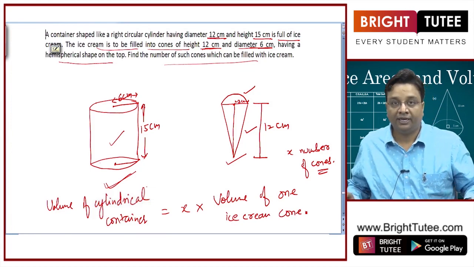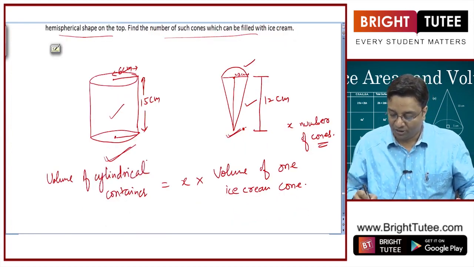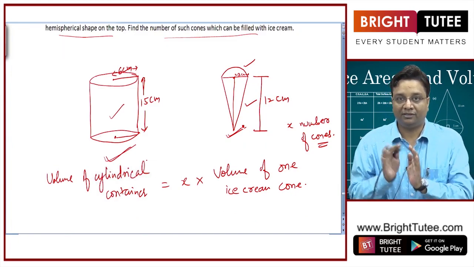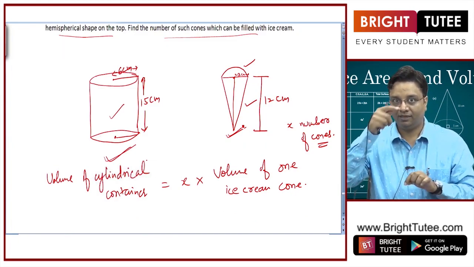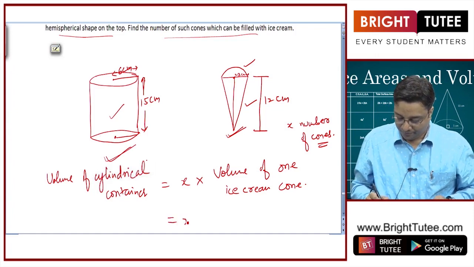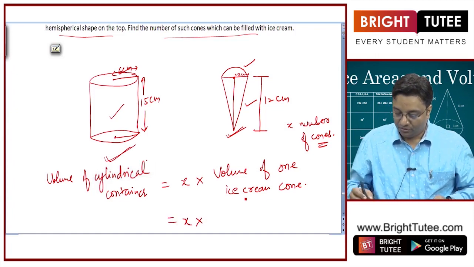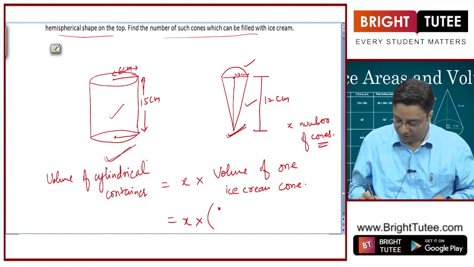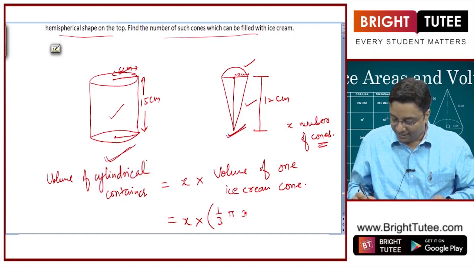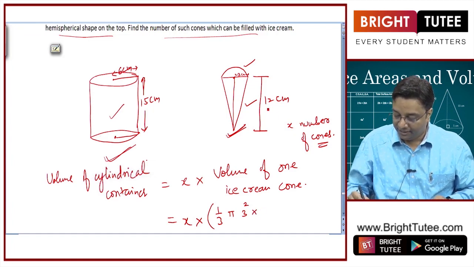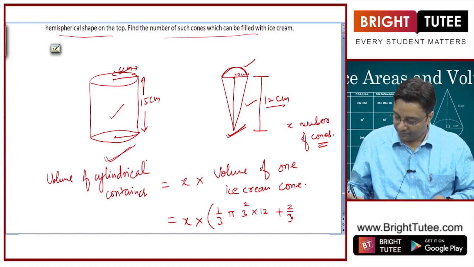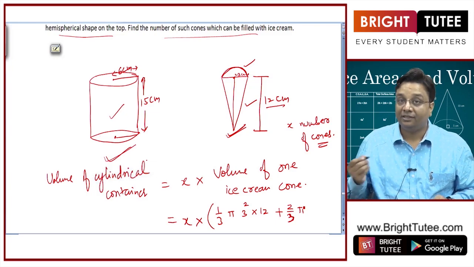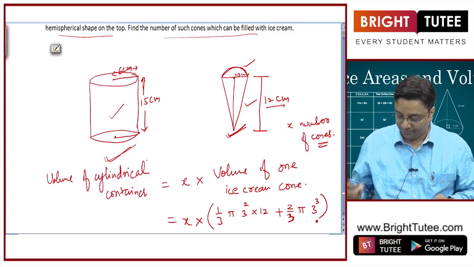cone, right? And you need to appreciate this cone is formed of two parts. One is conical and another is hemispherical. So volume of one ice cream cone is consisting of two parts. Volume of this conical portion, which is 1 by 3 pi radius squared into height, which is 12, plus volume of this hemispherical part, which is 2 by 3 pi radius cubed, so 3 cubed.